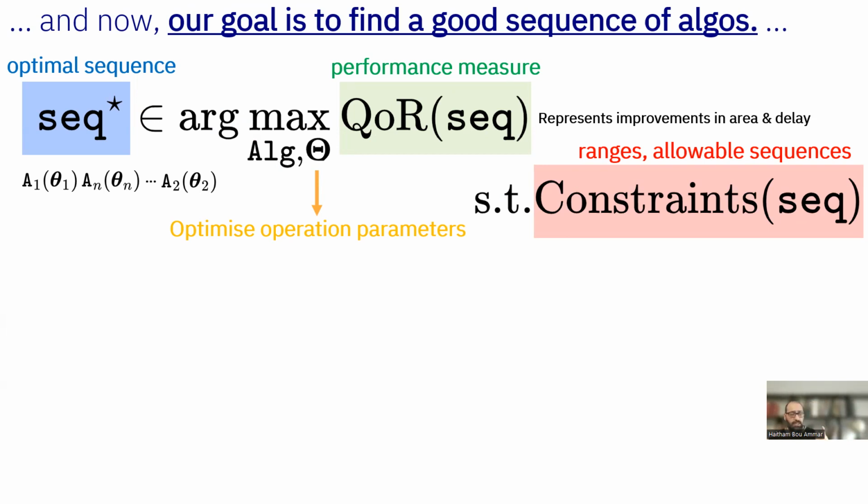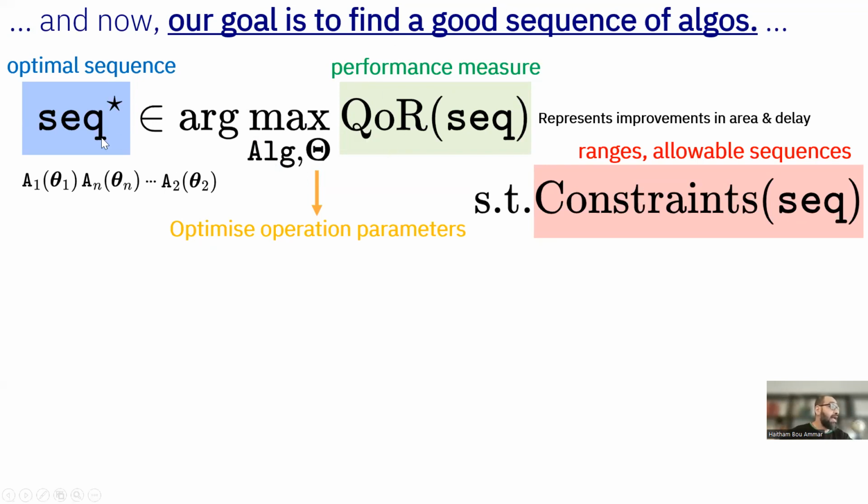So I want to find the optimal order of those operators and the corresponding hyperparameters for each of the operators, such that I maximize what we call a QOR, or quality of results.